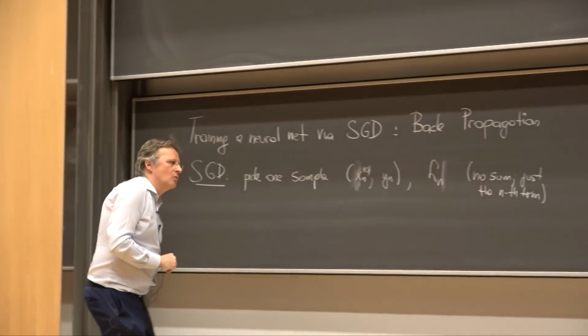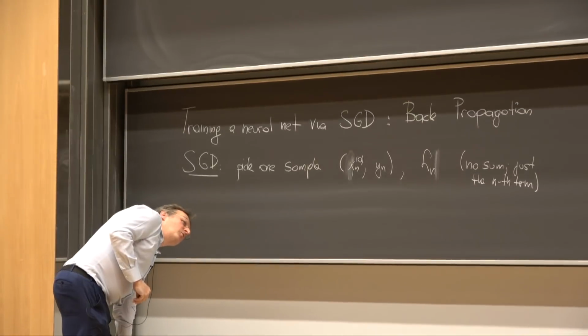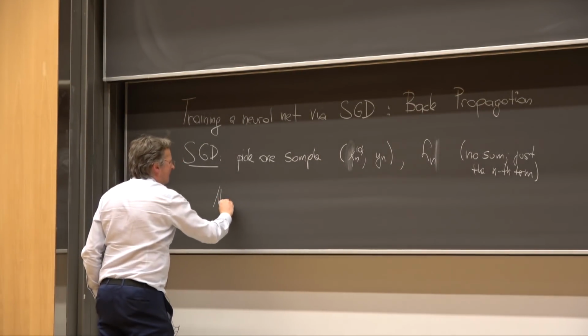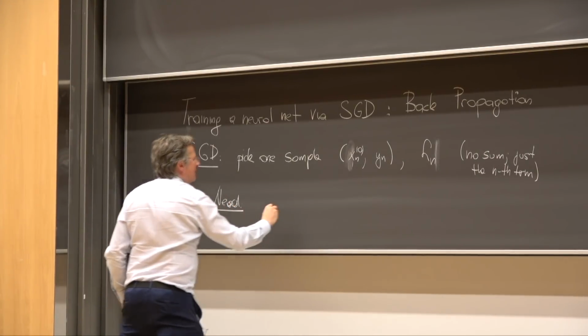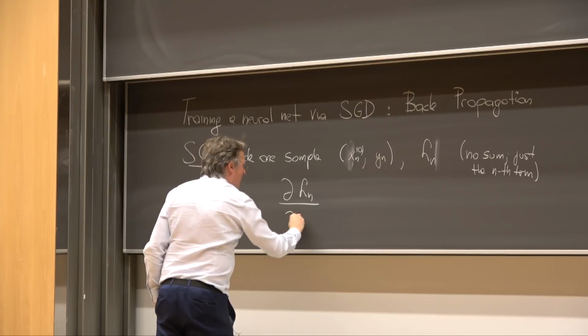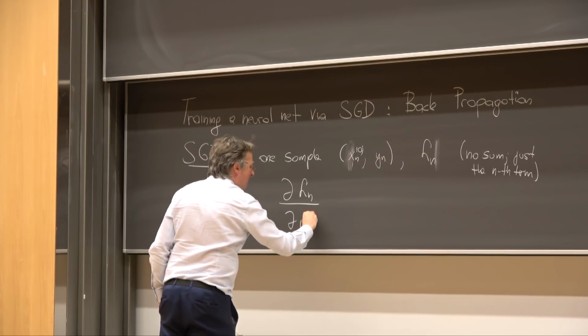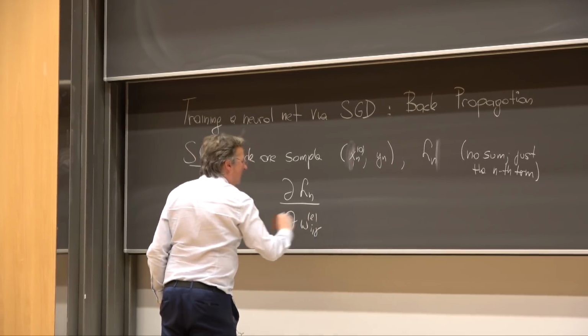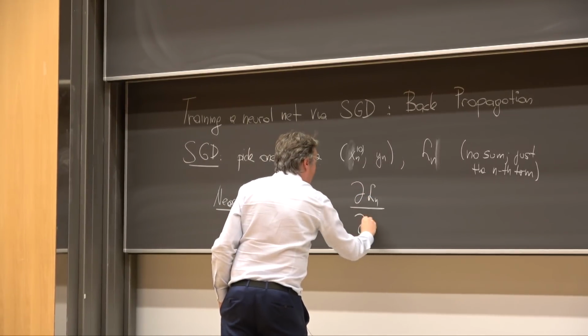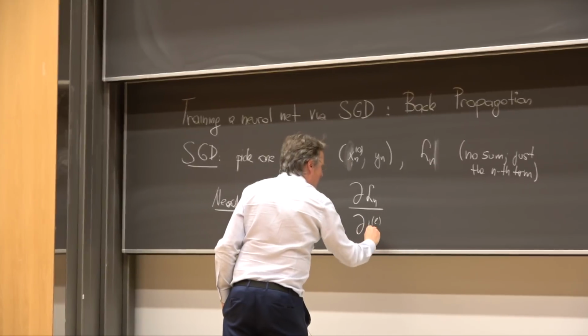And now what I need to do is compute the gradient. This means I need to compute the partial derivative of the cost Ln with respect to each of these weight terms, and the same thing with respect to each of these bias terms.